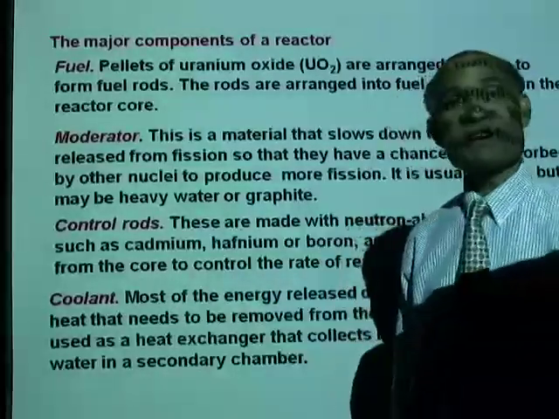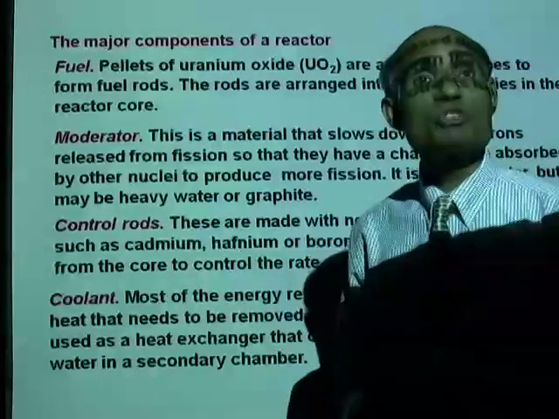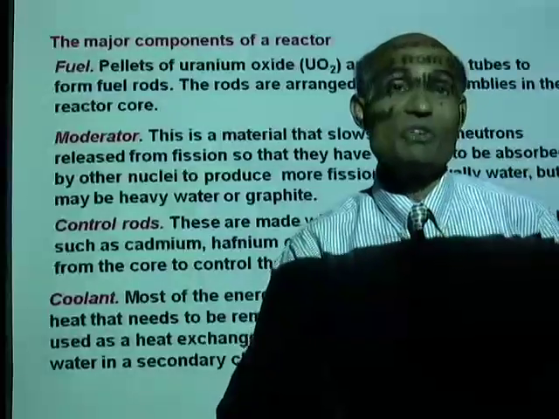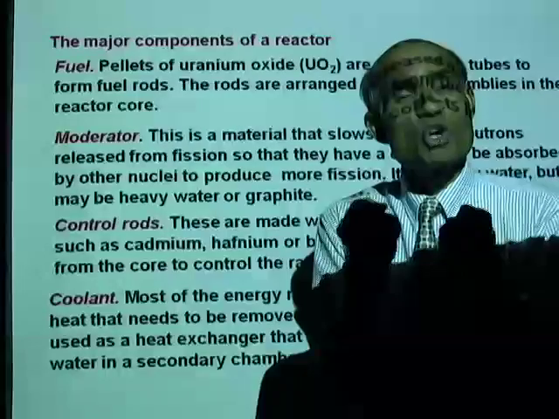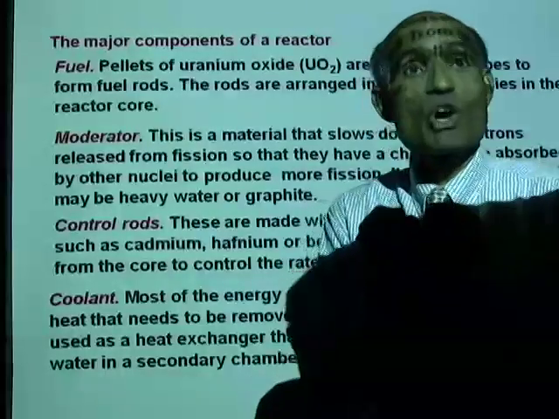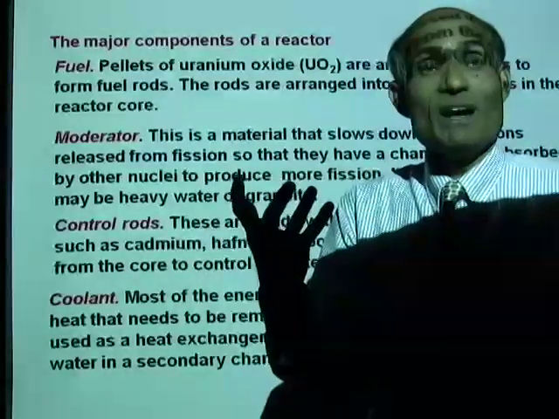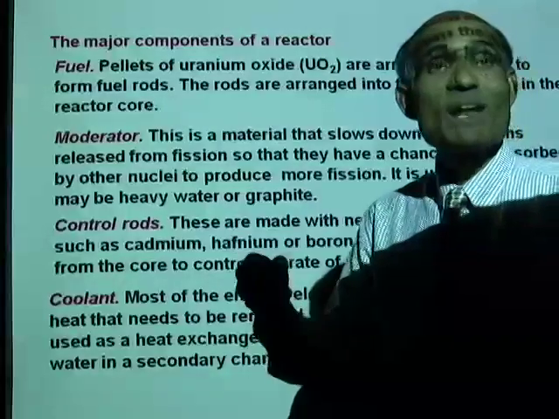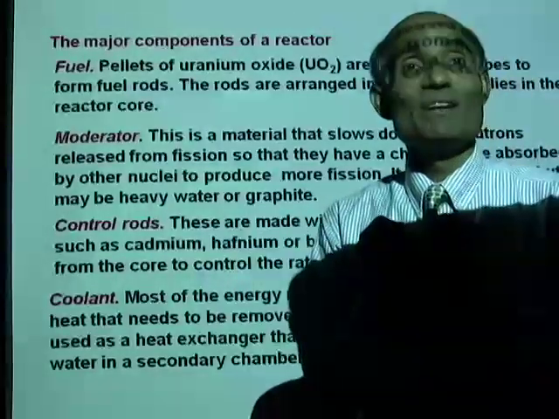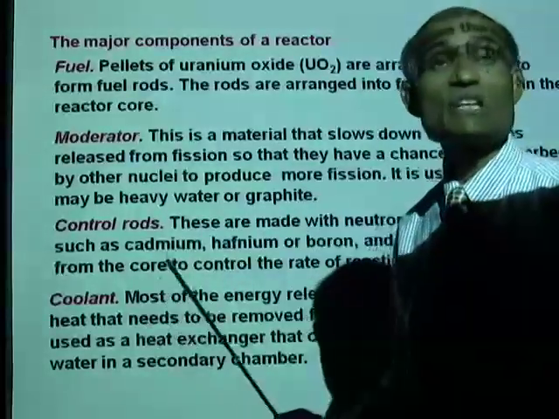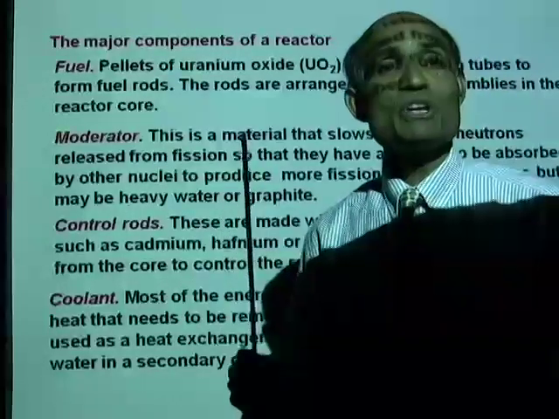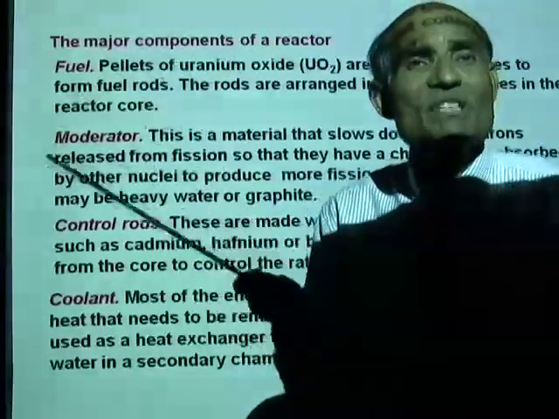Another important part of a nuclear reactor is the coolant. You know that nuclear fission will generate a large amount of energy. And most of it will appear in the form of heat. If that extra heat is not removed, the nuclear reactor will melt down.